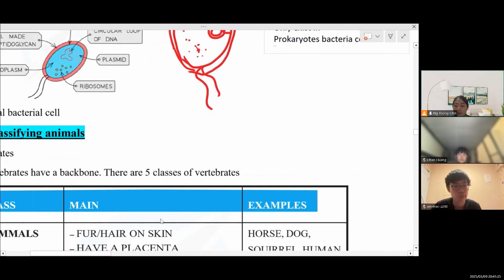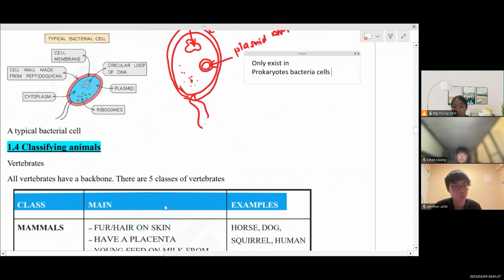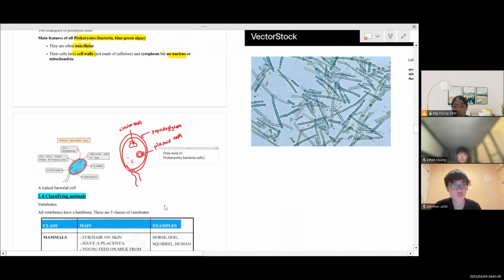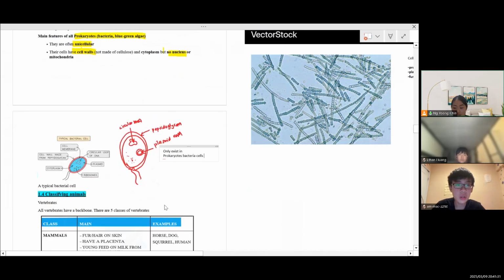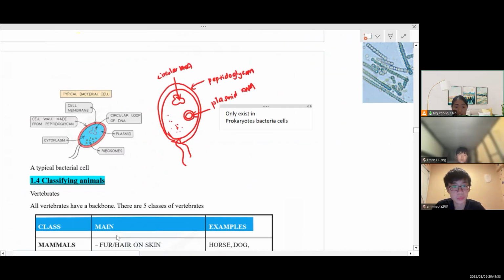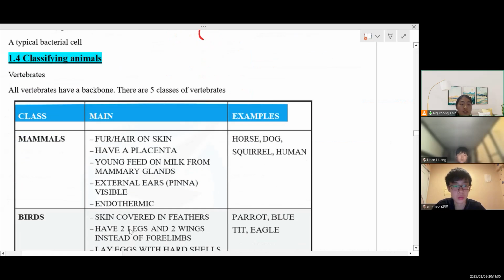Okay, so now you continue with 1.4, classification of animals. The majority of animals can be divided into invertebrates and vertebrates. Vertebrates are just like us.